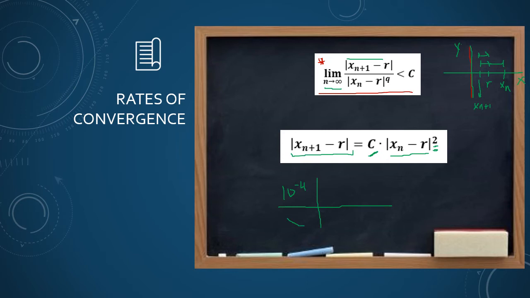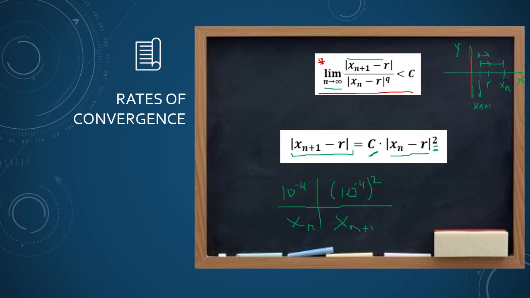The error associated with our 101st term, or n plus 1 term, is very likely to be 10 to the negative 4 squared, right?